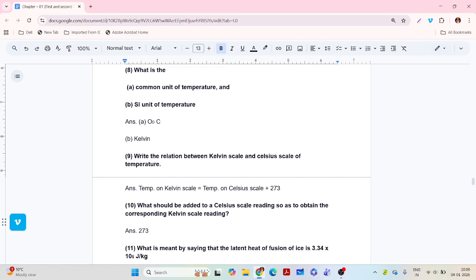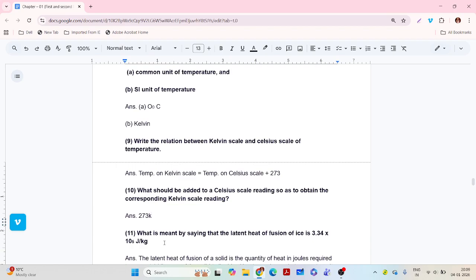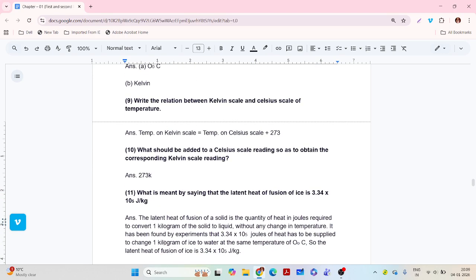What should be added to a Celsius scale reading so as to obtain the corresponding Kelvin scale? 273, right? What is meant by saying that the latent heat of fusion of ice is 3.34 into 10 to the power 5 joule per kg?